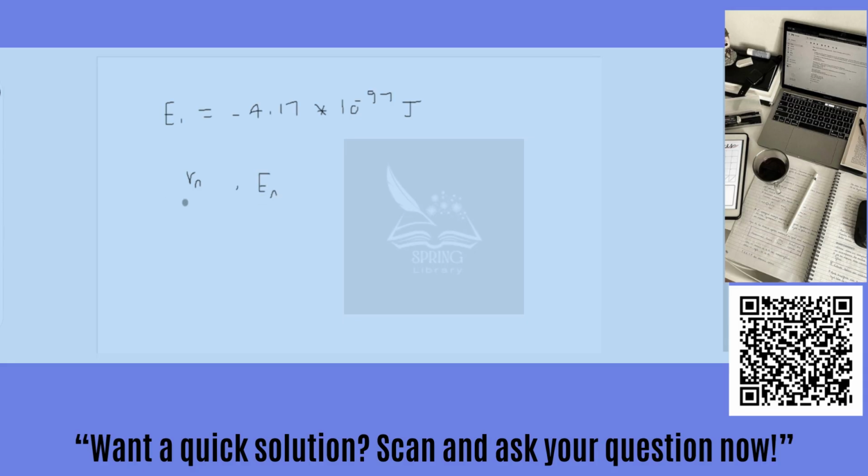For the ground state here, we found the value of R1, and for the ground state, we found the corresponding energy as well. It turns out to be a very small amount of energy with a very huge radius. This all comes out from the fact that the gravitational force is extremely weak and cannot bind those particles together unless you have a very huge radius with a very tiny amount of energy.